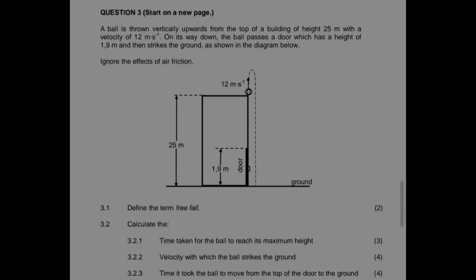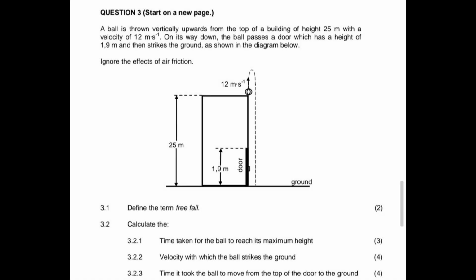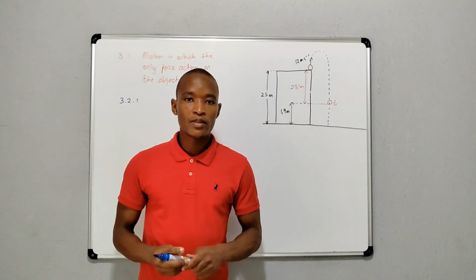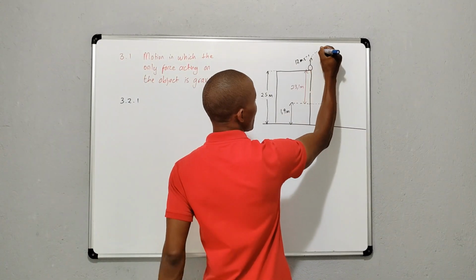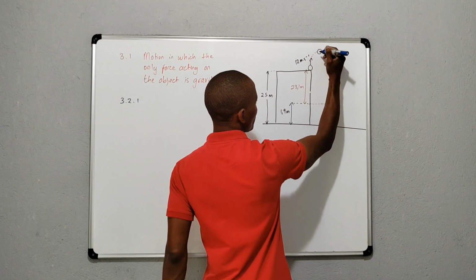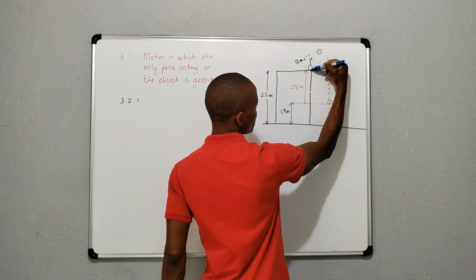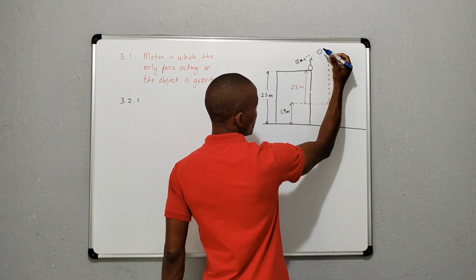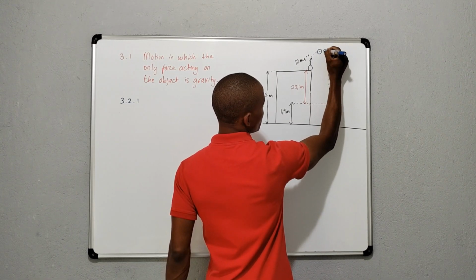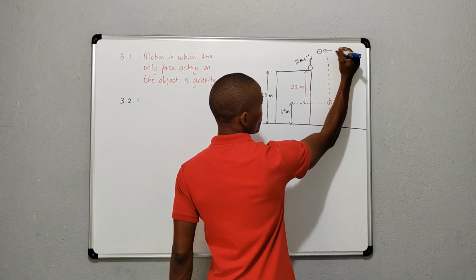In question 3.2.1, we are asked to calculate the time it takes for the ball to move from the top of the building all the way to the maximum height of the motion. So what do we know about this point in the motion?